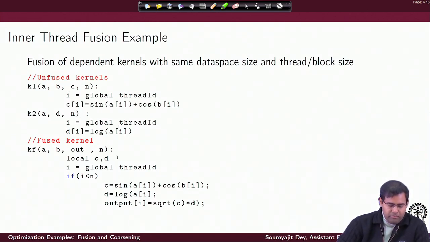When you fuse them, you will have some local variables to hold intermediate results, so you should have some more variables, C and D, here. Compute the global thread ID, as long as it is inside the data space size.